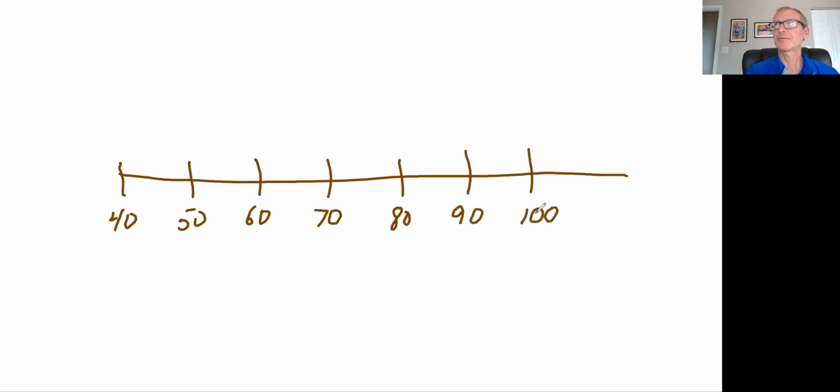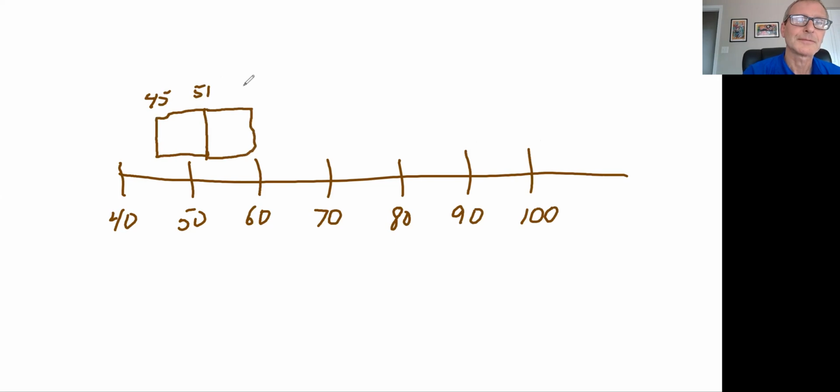When you generate the box, the middle of the box is the median, so the middle of the box here would be 51, right? The lower end of the box would be the first quartile, so this would be 45. This would be 51. And the upper end of the box would be the third quartile, and that would be 59. So that would be right before 60.